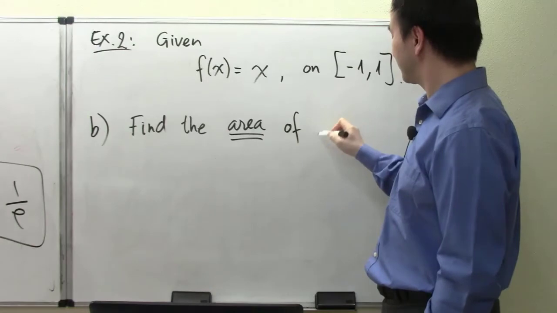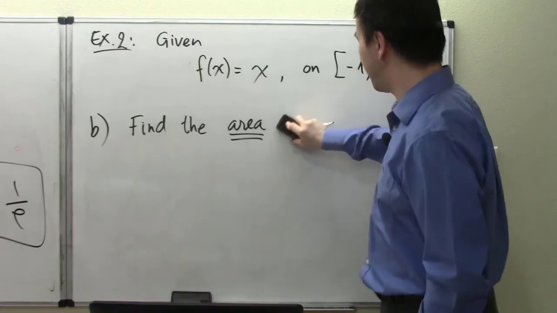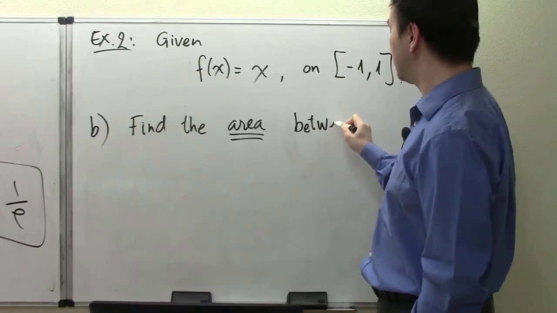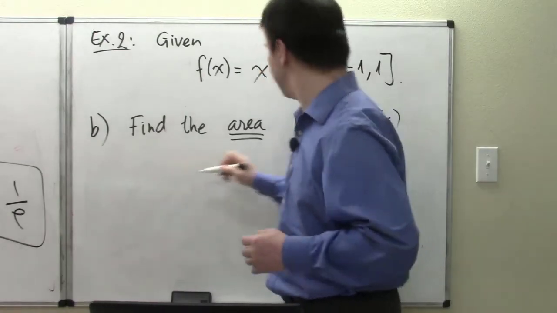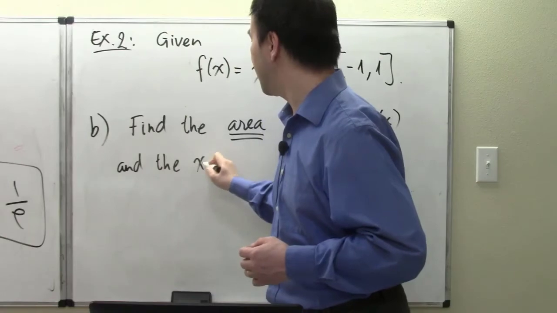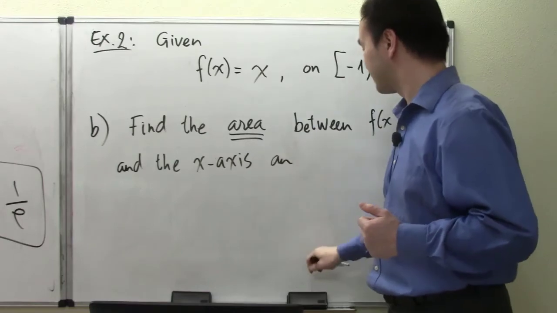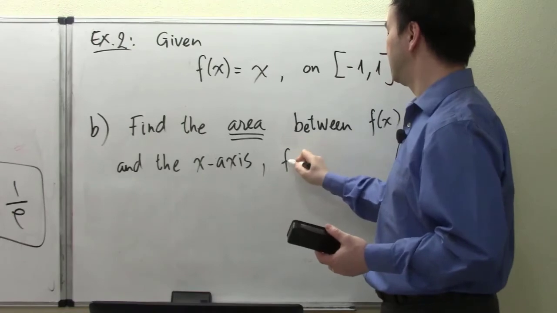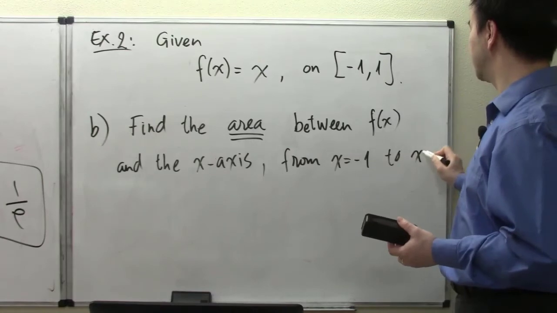So find the area, or how about find the area just simply between the function f of x and the x-axis, okay, and the x-axis, from x equals -1 to x equals 1.